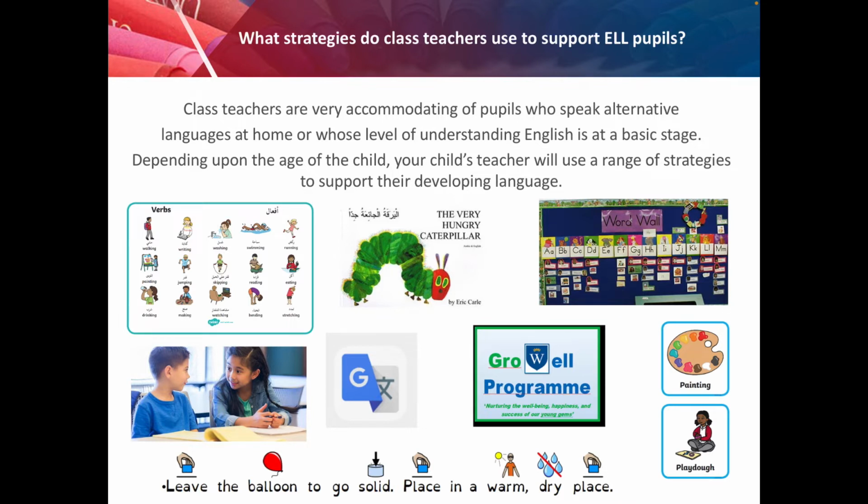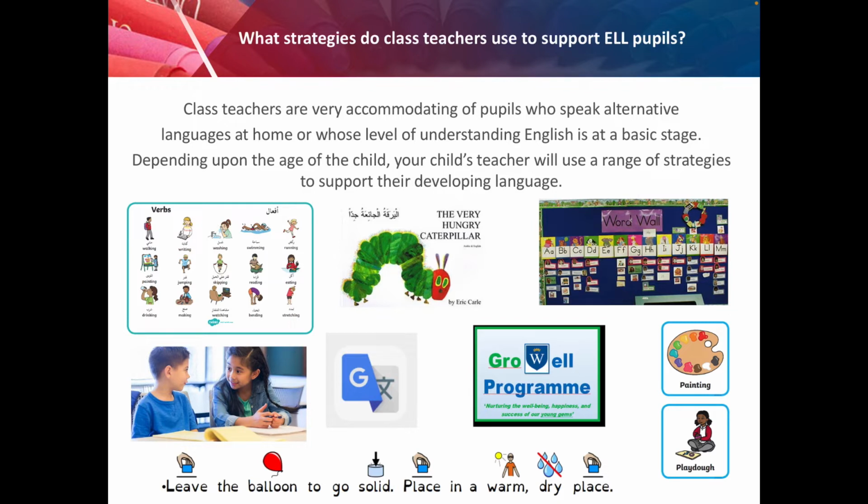And then the final thing just at the bottom of this slide is a sentence, and you can see that there have been some images placed above some of the words. This is just an example of some of the strategies we use to support children with ELL when it comes to things like reading or understanding instructions.